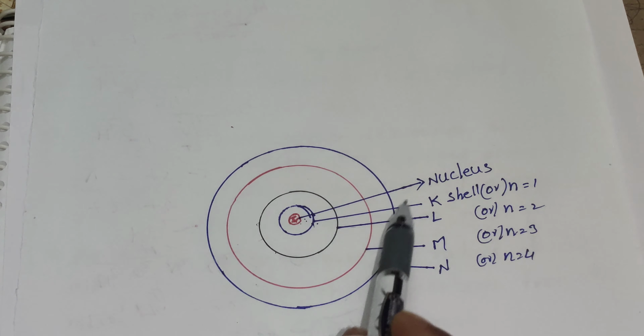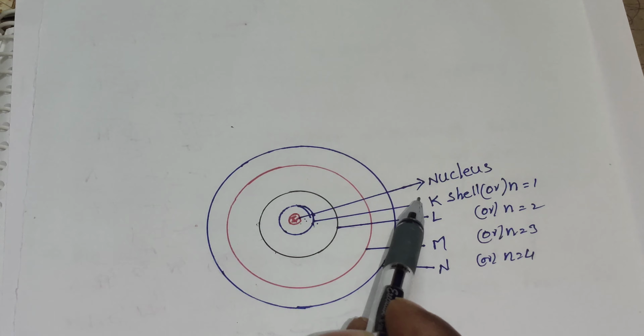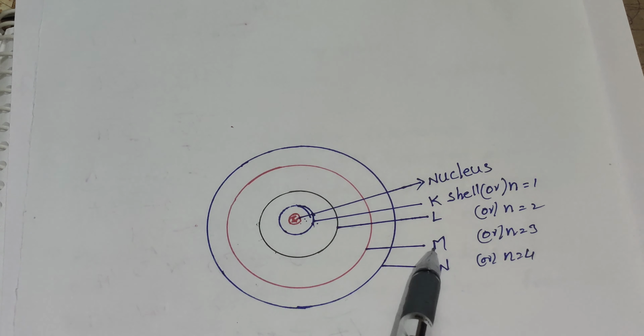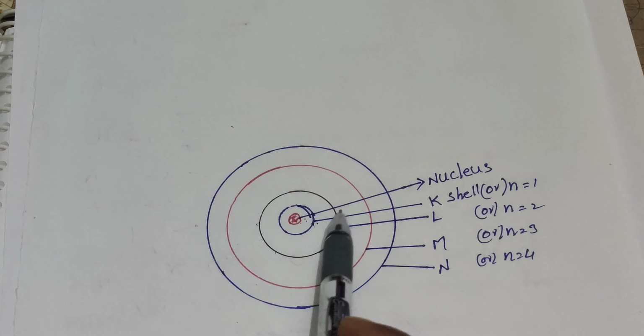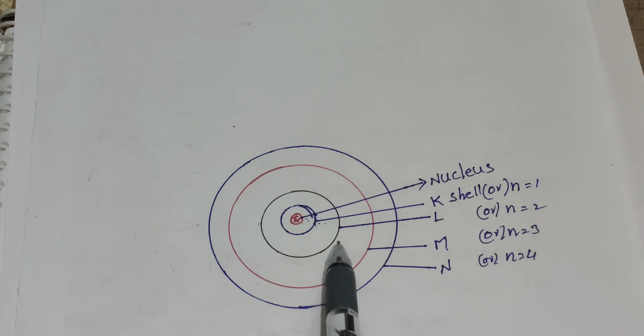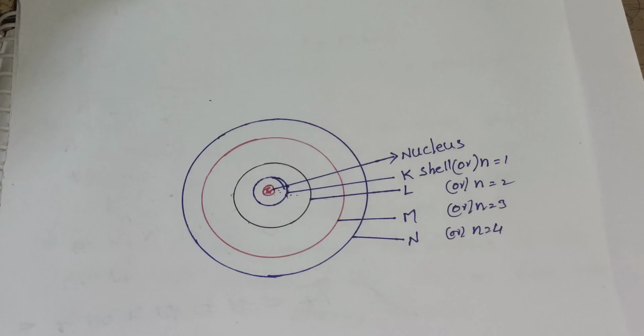For example, here is the nucleus, and here are the K shell, L shell, M shell and N shell, that is n equal to 1, n equal to 2, n equal to 3 or n equal to 4.